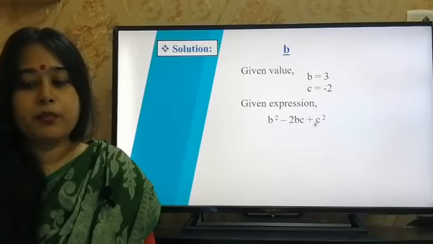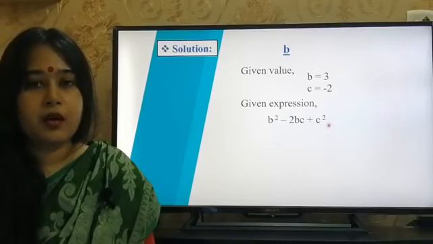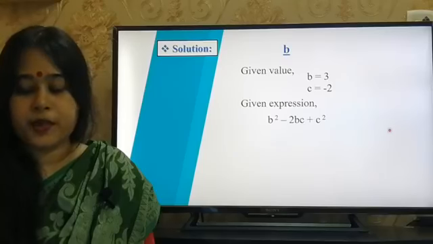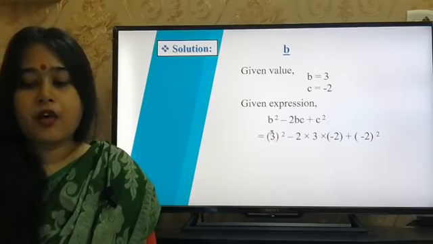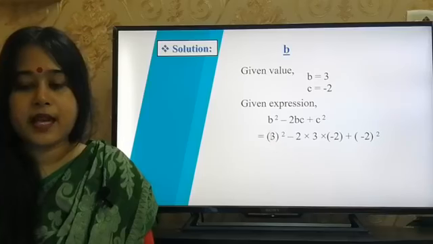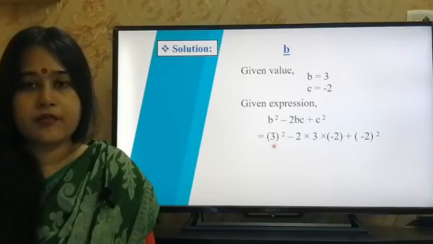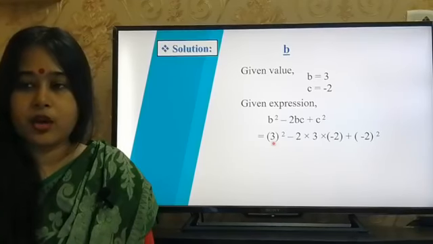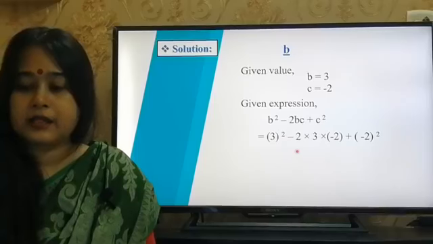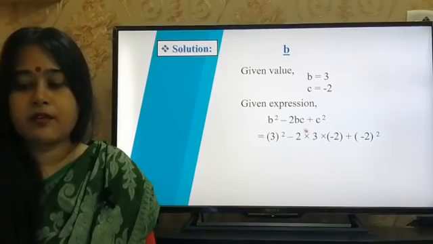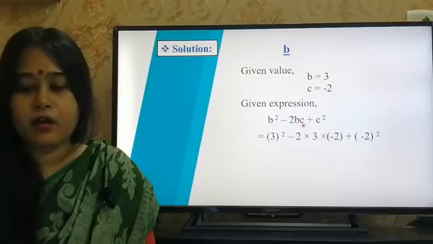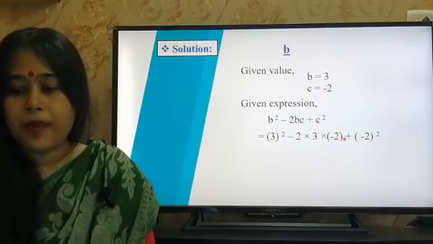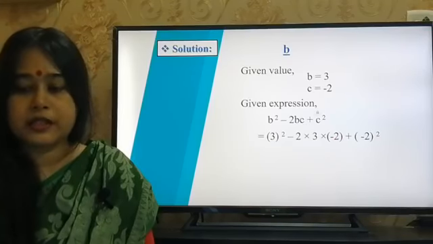So we will put the values on our expression. We are putting the values of b and c on the next line. The value of b is 3, so we got 3 square minus 2 into 3, the value of b is 3, into minus 2, the value of c is minus 2, plus minus 2 whole square, that means c square.